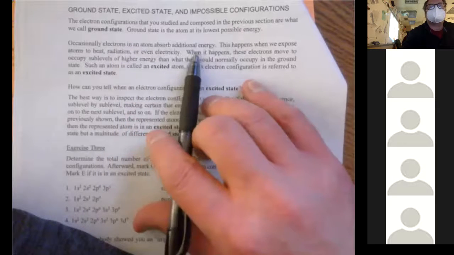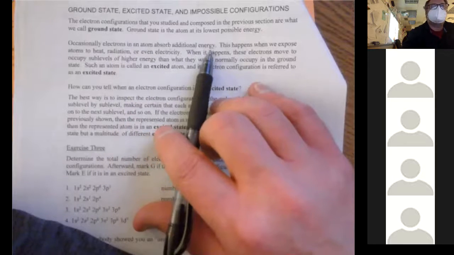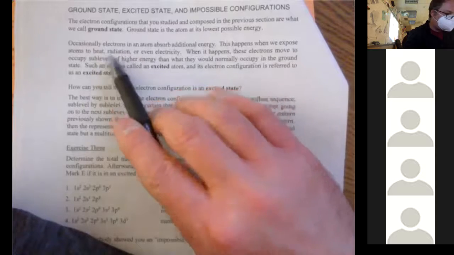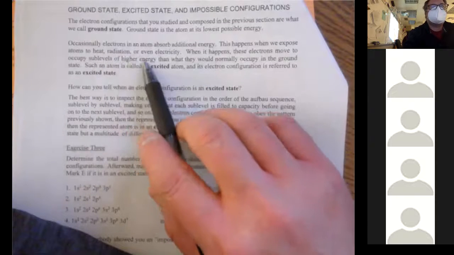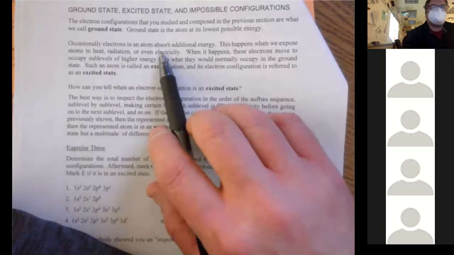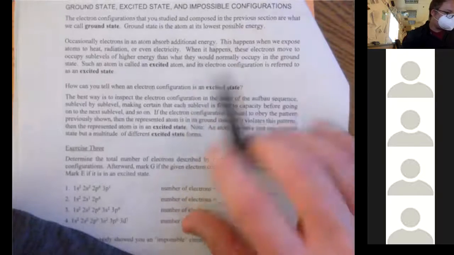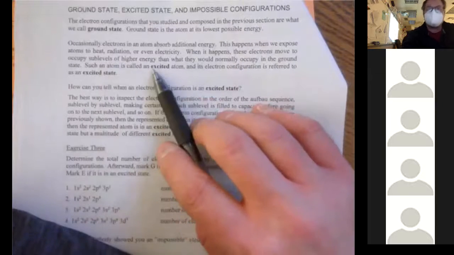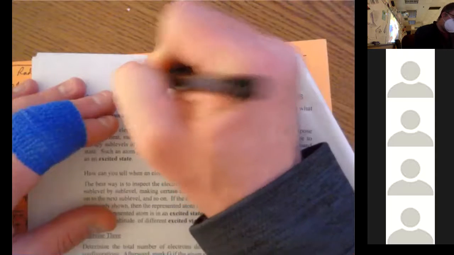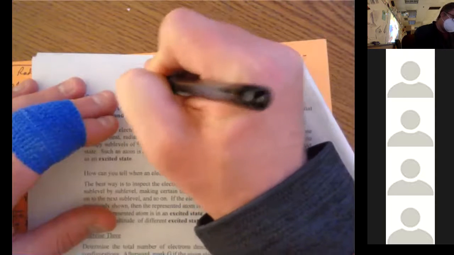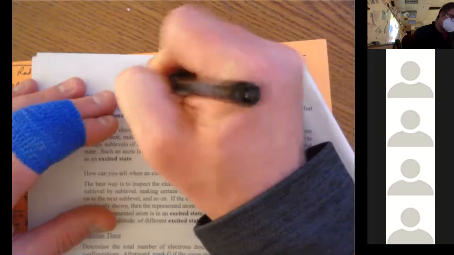Occasionally, electrons will absorb additional energy. If we heat them up, use radiation, like put them in a microwave or something like that, or even electricity. When we do that, these electrons jump up to higher energy levels. So let's say that you have hydrogen. We have one electron here.